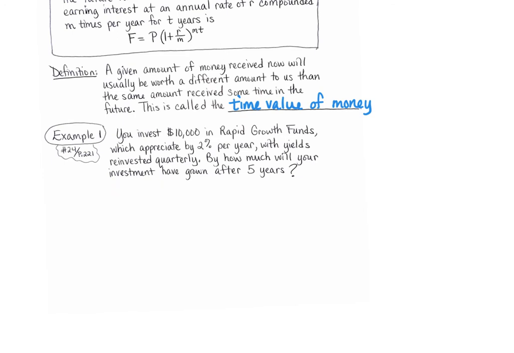Since we're trying to find how much our investment will have grown after 5 years, we're looking for a future value, F. Now, what formula do we use? Do we use the one from page 1 or this one here?